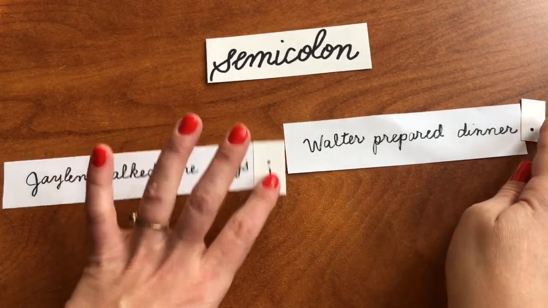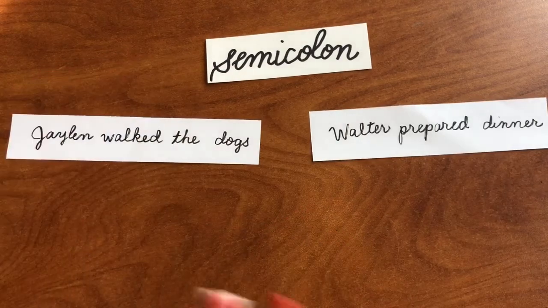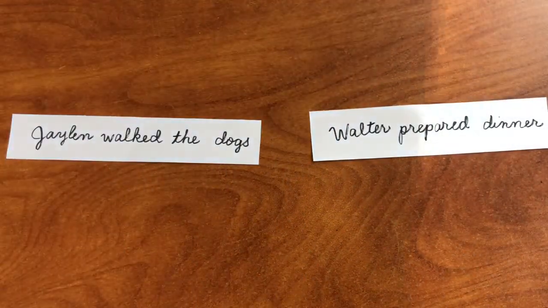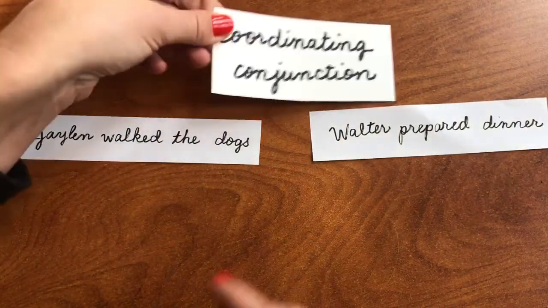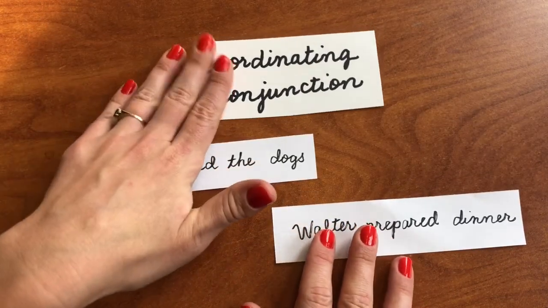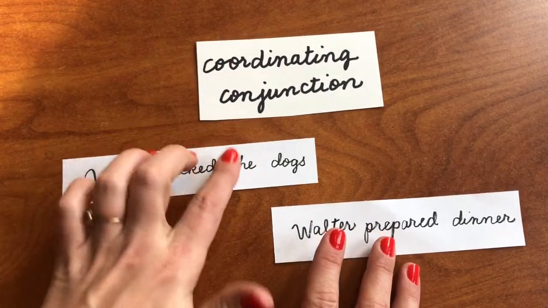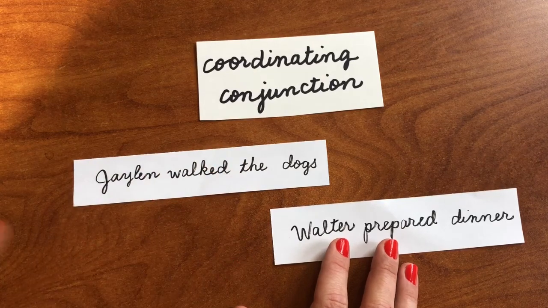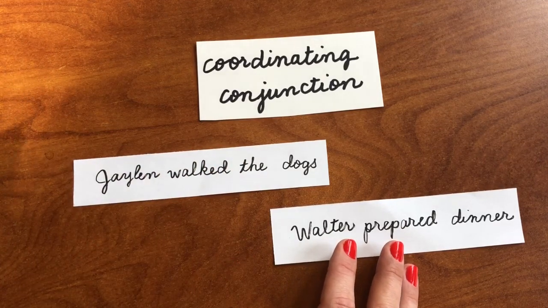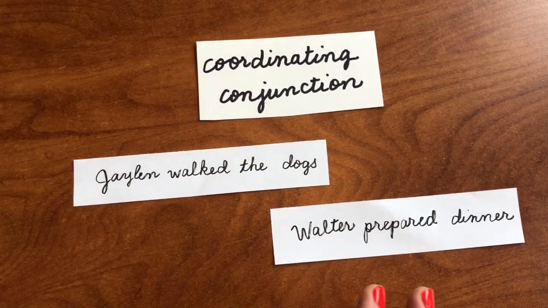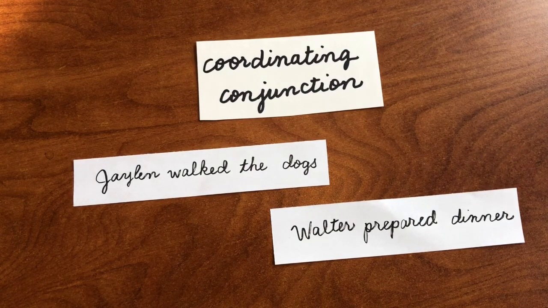All right, what's another way we could do this? We could have a coordinating conjunction. Coordinating conjunctions are those most basic conjunctions, right? The ones you probably first learned about. What's one of the most obvious conjunctions you can think of?